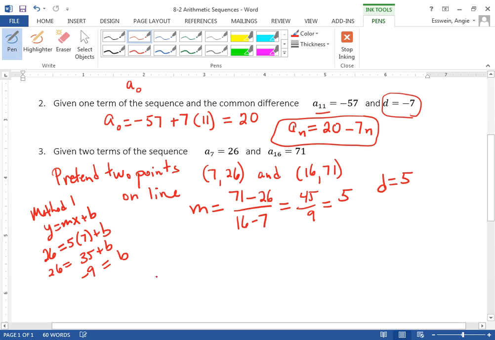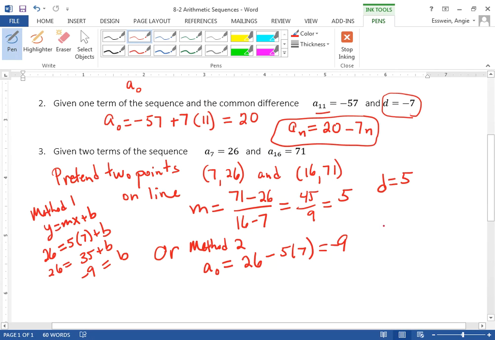And so we can do it that way, or method 2, to review from before, is you start with the 26th term. So the 0th term is equal to the 26th term, and then you subtract 5 7 times. And that also gives you, conveniently, -9.